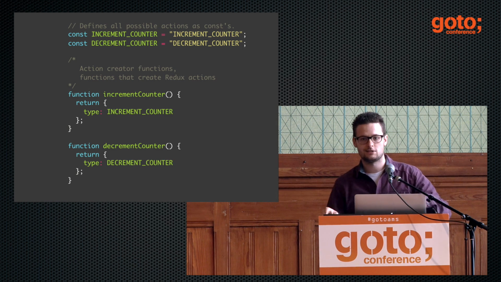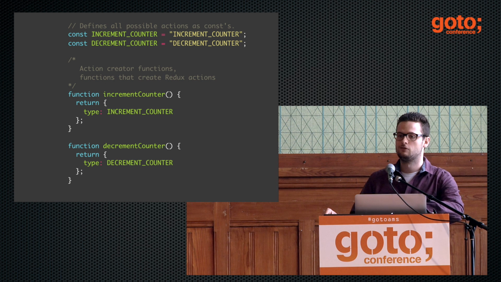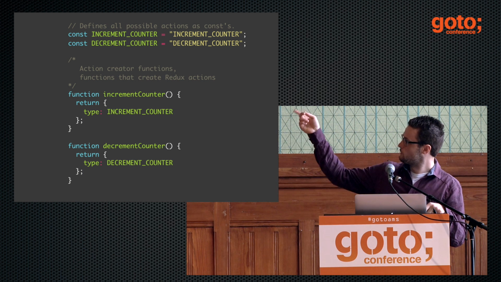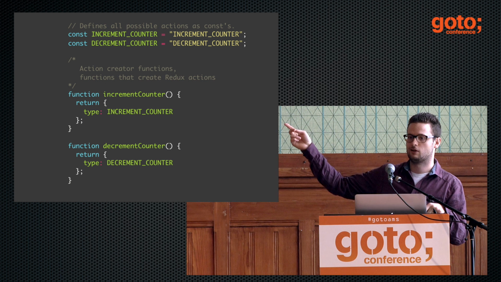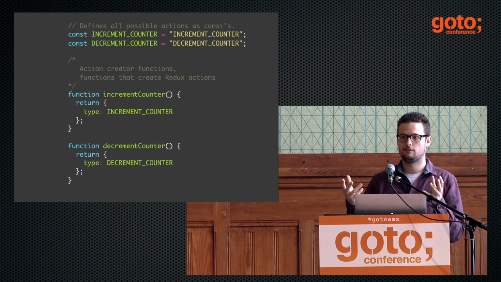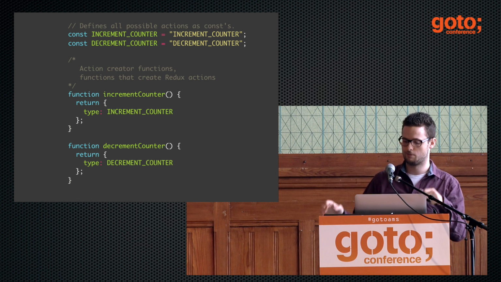So in Redux, it's common to define all of your actions as const definitions. So what we see here, we have two actions, increment counter and decrement counter. And then we have these two functions, increment counter and decrement counter. And these are what Redux calls action creator functions. They create actions that we can send to the store.